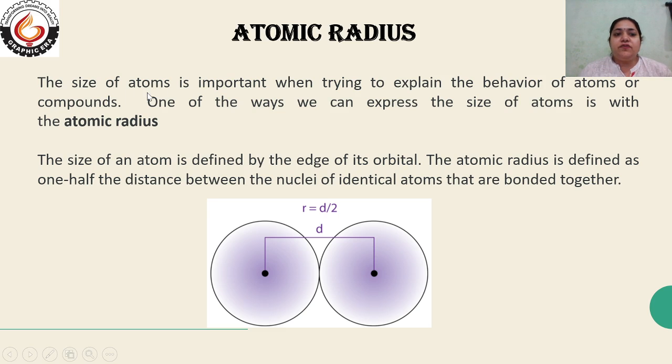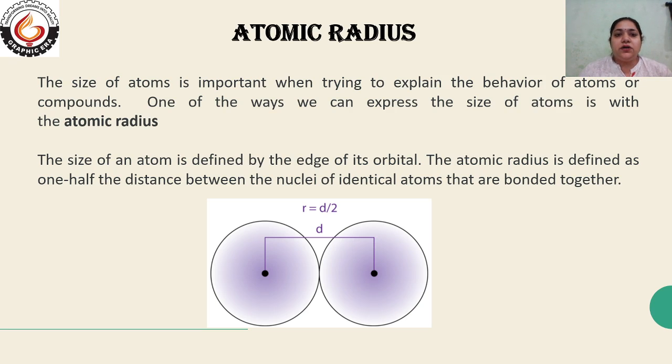The size of an atom is very important when we are trying to explain the behavior of atoms or compounds, because if the size is smaller, then obviously the effective nuclear charge is higher for the outermost electron and the attraction for it is higher. If the size is larger, the outermost electron is far from the nucleus and it is very easy to remove that electron. So the size is very important.